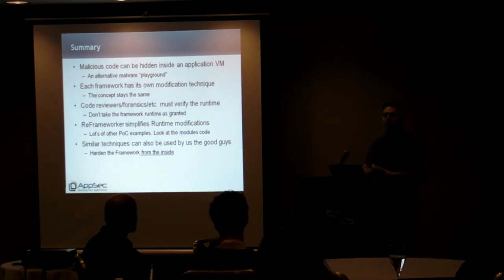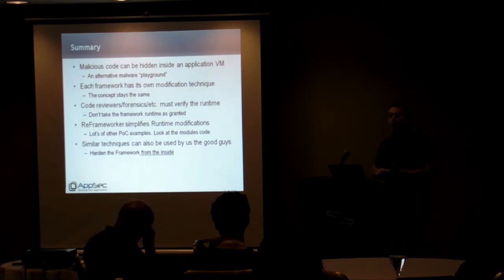Each runtime has its own steps and its own technique, but the concept stays the same. The basic idea is that you need to know and investigate how to change a specific runtime. Today I exposed the method of changing three runtimes, but the concept stays the same, so we can extend it to other kinds of platforms.